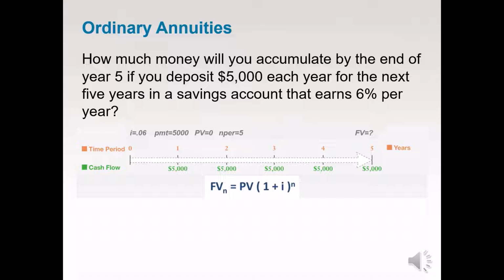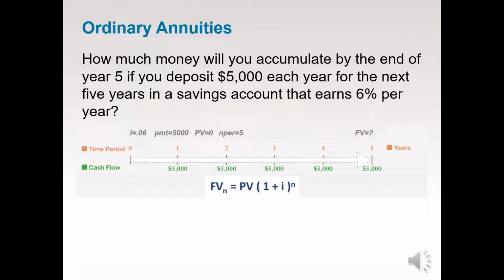So let's take a look at the timeline here. You'll see that our time period begins at 0, and we have all the years through 5 written on here. We also have our cash flow amounts, the $5,000 that each year will be deposited towards our future value. And that is our missing element that we're looking for. We have an interest rate of 6%, and all of these items are going to go into calculating our future value.